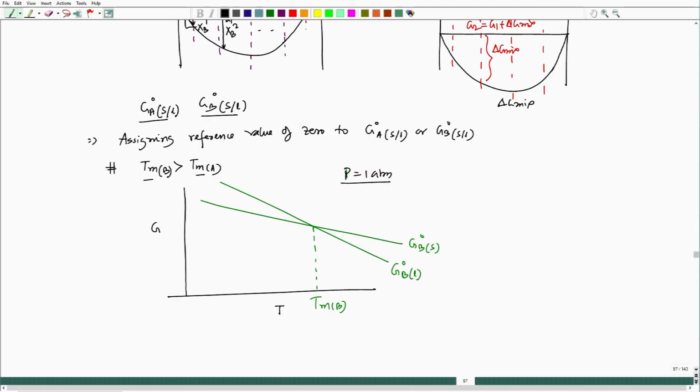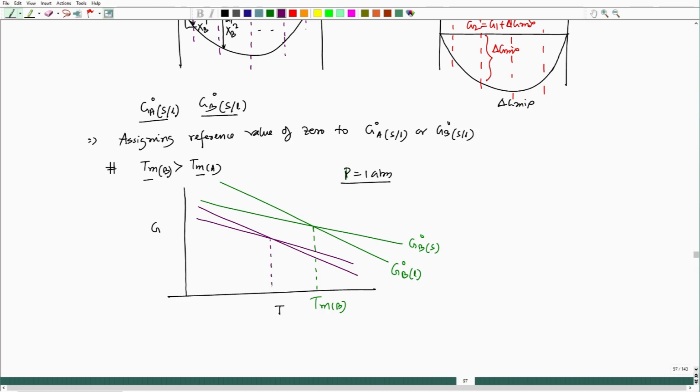Now, let us put in the solid A and solid B, since we know that the melting point of A is less than the melting point of B. So, it will be like this.